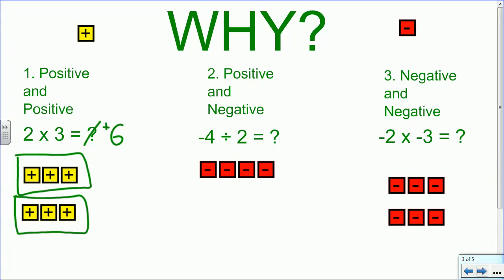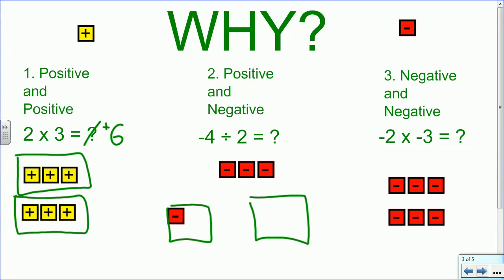Number 2: what about a positive and a negative? Why is negative 4 divided by positive 2, why is that answer a negative? For this, we have to know that for division, we're splitting into groups. If we're splitting into 2 groups, and we're wondering what is in each group, well, if we take negative 4 and divide those 4 negatives into 2 equal groups, how many are in each group?